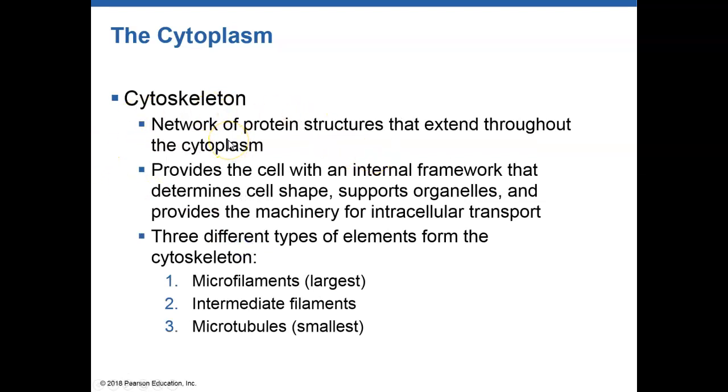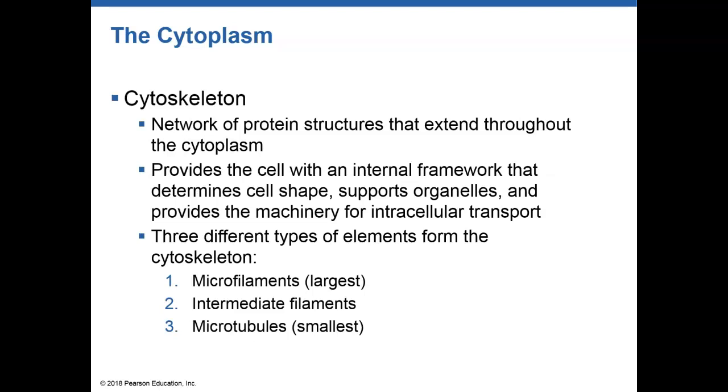The cytoskeleton is a network of proteins. There are 3 types of proteins that make up the cytoskeleton, and basically these proteins function in forming a frame or a skeletal system for your cell. So it helps to maintain the cell shape.